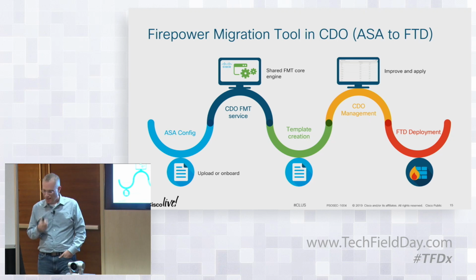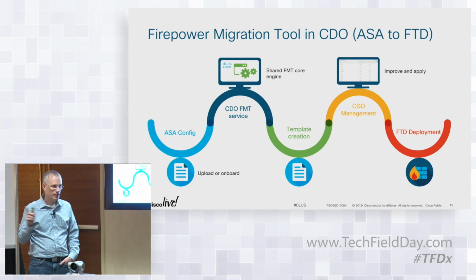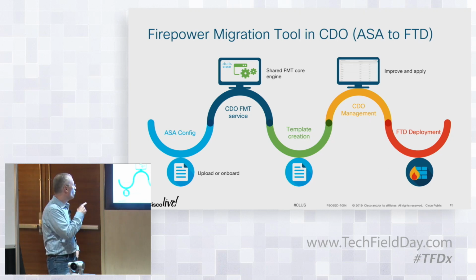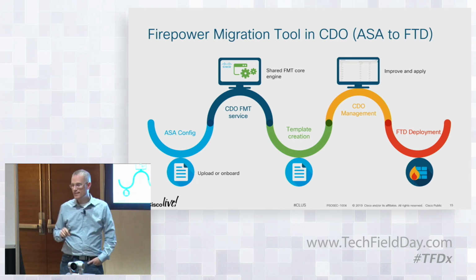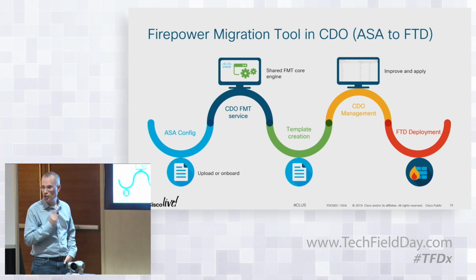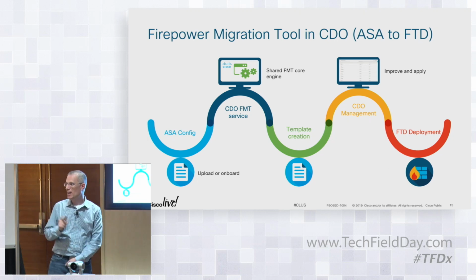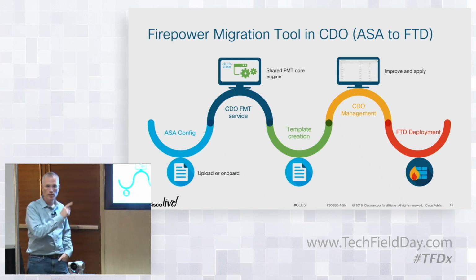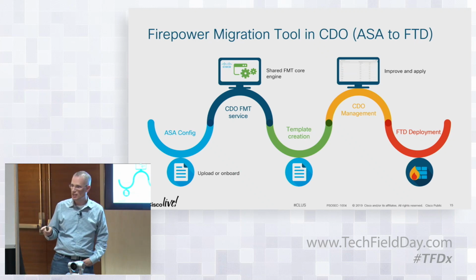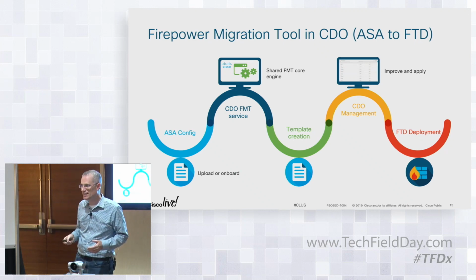One last thing before we go into the architecture and the demo is that we provide with CDO a built-in migration tool that enables our customers to migrate from their ASAs to FTDs. So if you have ASAs in your environment today, just get CDO and load them.